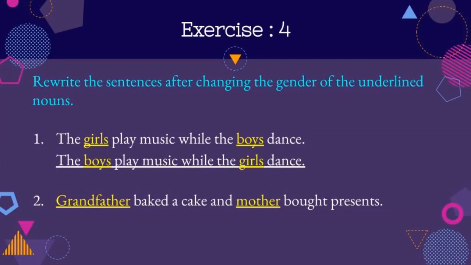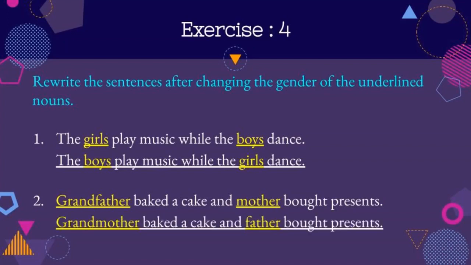Yes, the opposite gender of mother is father. Now we can rewrite this sentence. Okay, grandfather baked a cake and mother bought presents. This is the given second sentence. Now the rewrite sentence is, grandmother baked a cake and father bought presents. What is the second answer?